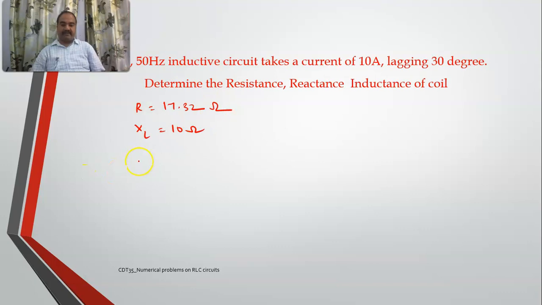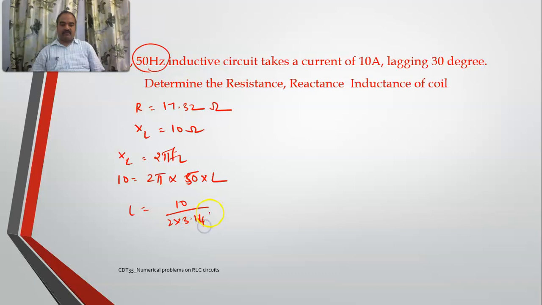Once I have my XL, how to calculate L? Your XL is equal to 2 pi FL. You know the value of frequency, it is 50. So 10 equals 2 pi into 50 into L. So L is 10 by 2 into 3.14 into 50.